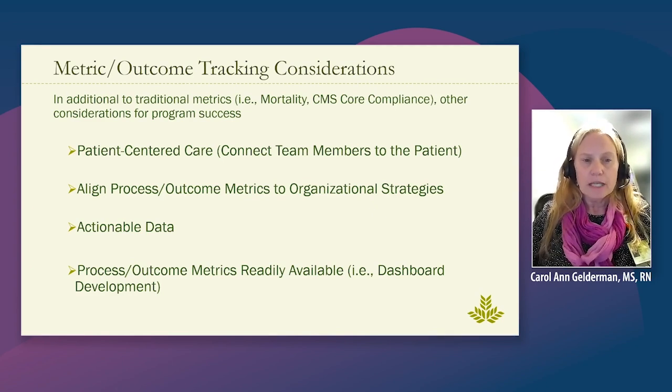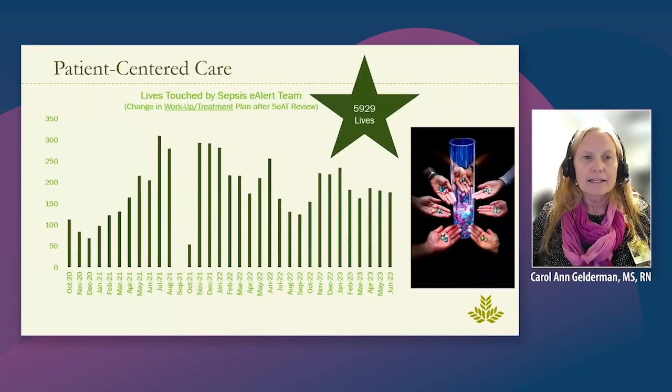And then actionable data: instead of just reporting data, really having data they can look at and then provide some action for improvement at the level of the patient, so at the bedside. And then to have some of your metrics readily available, like that live dashboard that was mentioned earlier today. So I'm just going to show you a couple of these examples. But again, this is in addition to the traditional.